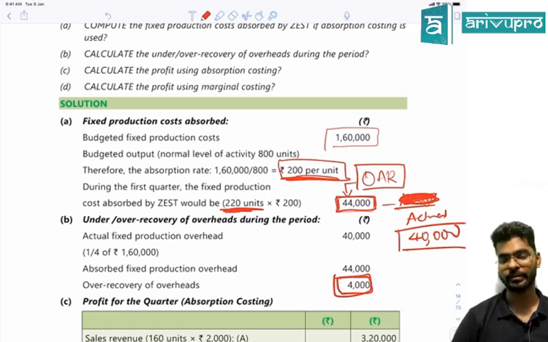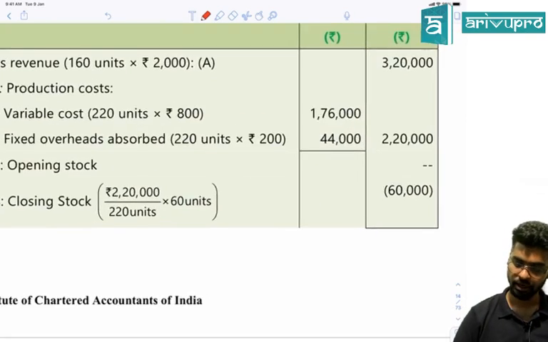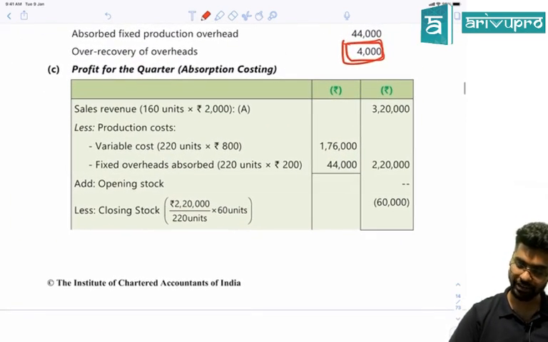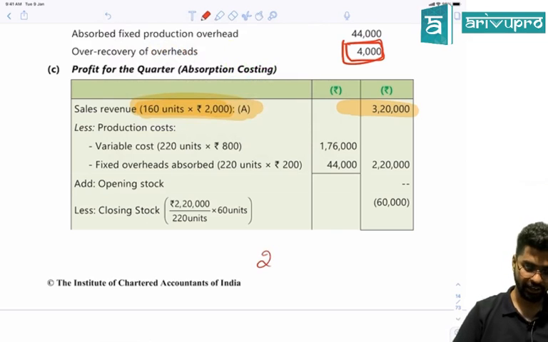Are you clear? Now see here what I want you guys to understand. I know the number of units I've sold is 160. But how many did you produce? You produced 220. Therefore, I am having a closing stock of what? 60 units.